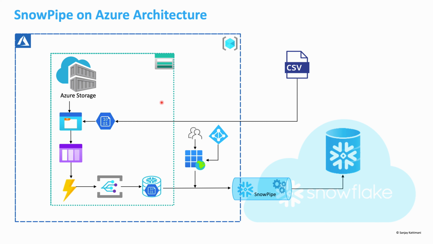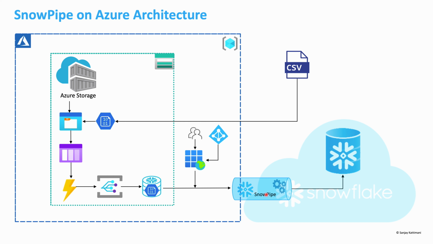On the left side, we have Azure's infrastructure and we are tracking every resource by tagging them to a resource group we are going to create. We then create a storage account inside the resource group. And inside this storage account, we create a blob storage container and a queue that fires an event when a file is loaded into storage. We connect this event grid to a Snowflake staging area.